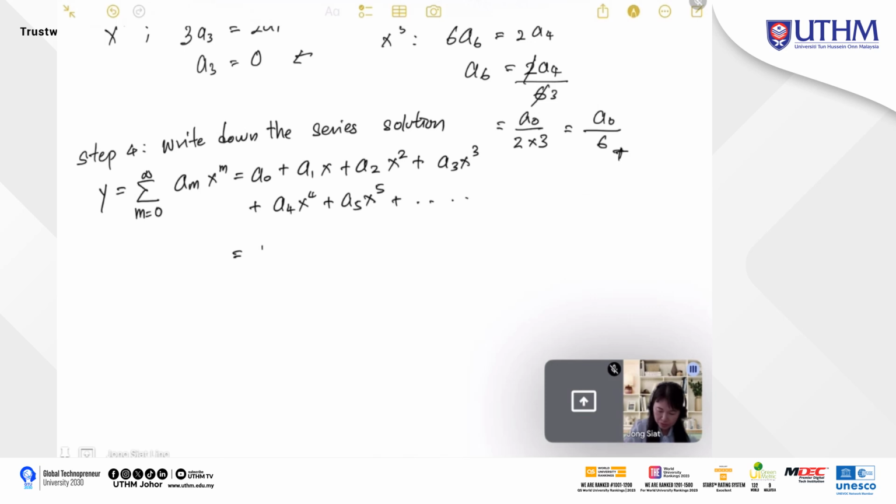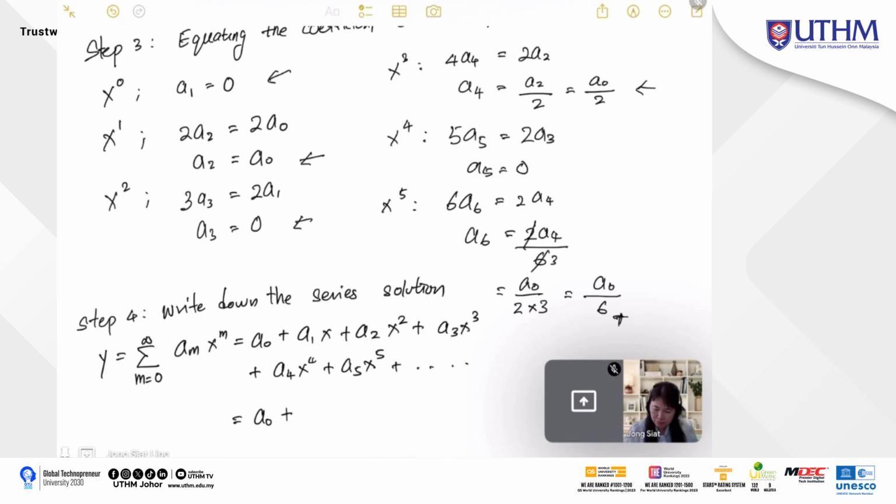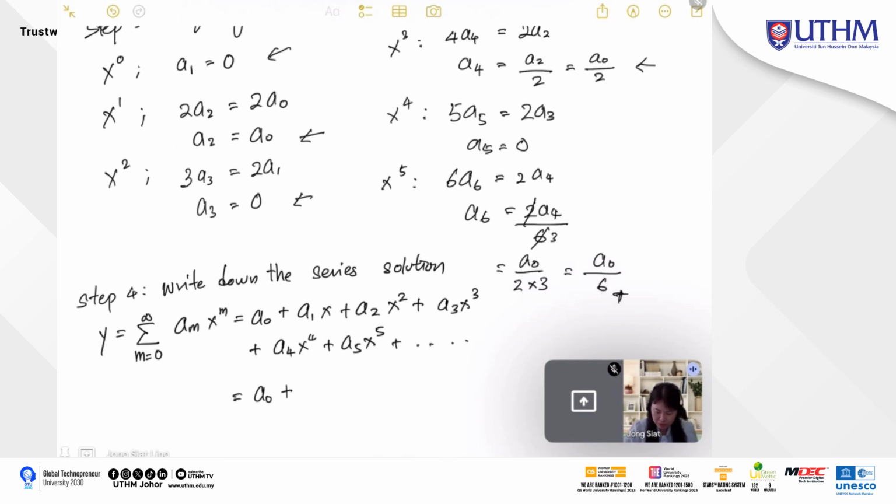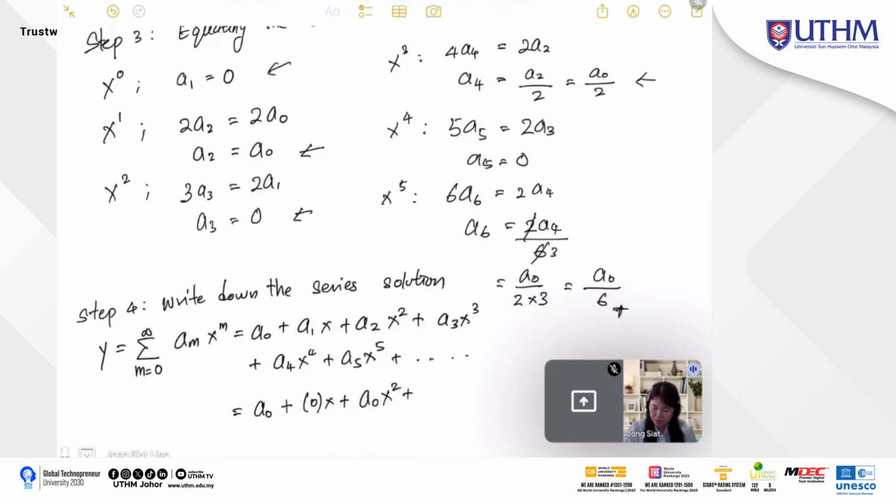A0 remains a0. A1, what is the value? A1 is 0, right? So you substitute a1 with 0, then plus a2 x squared, which is a0, then a3 is 0.